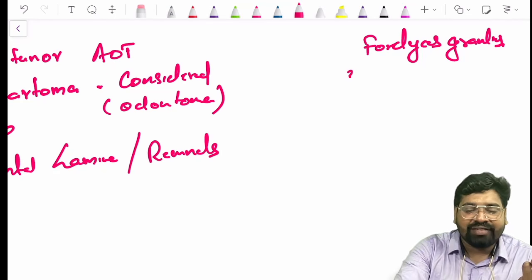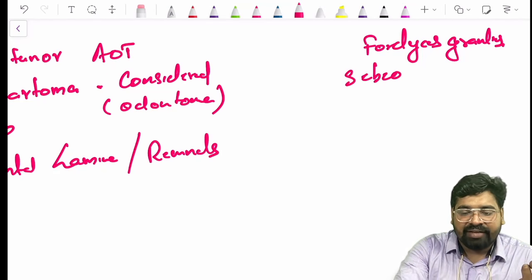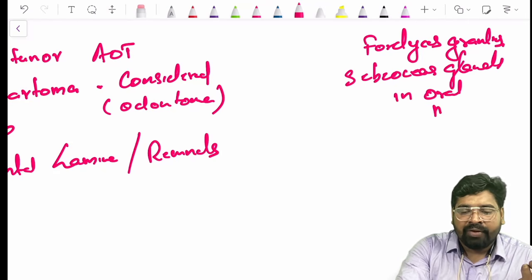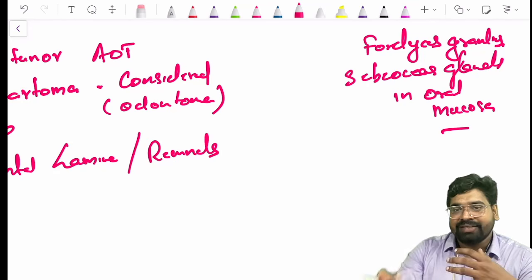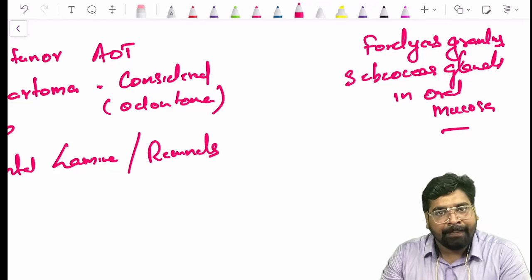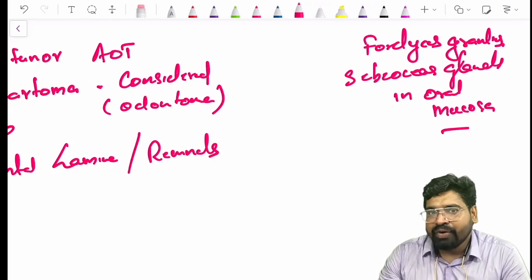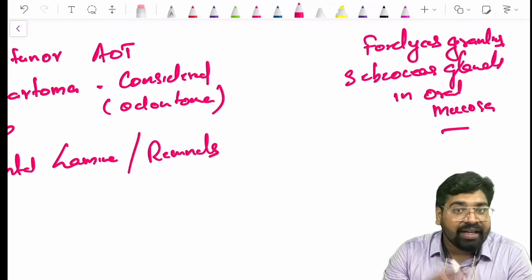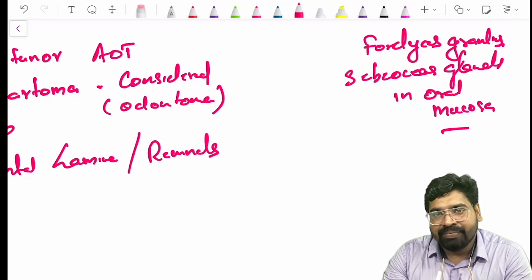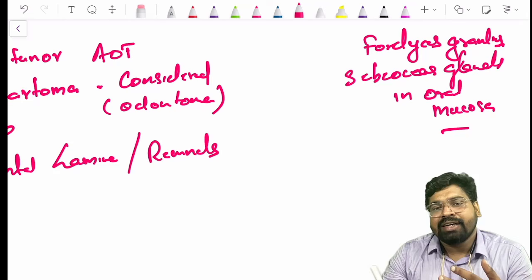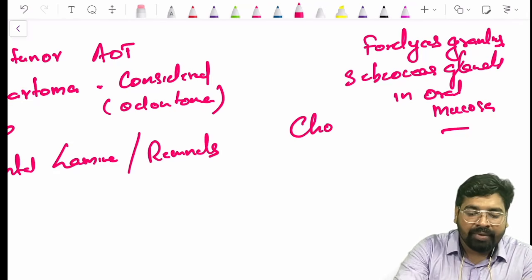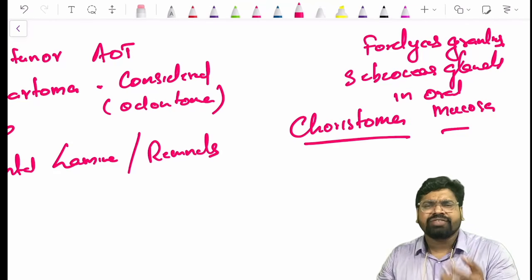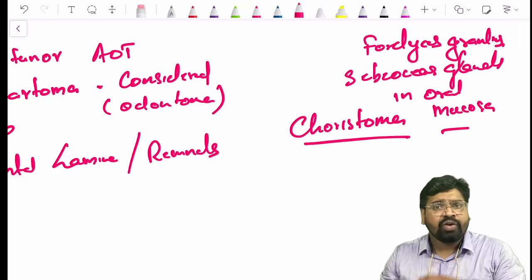Fordyce's granules are sebaceous glands in the oral mucosa. Sebaceous glands are seen on the skin, not on the oral mucosa. So if sebaceous glands occur in a non-native area, the oral mucosa, Fordyce's granules are an example of choristoma. Choristoma means a small growth of cells in an area which is non-native to them.